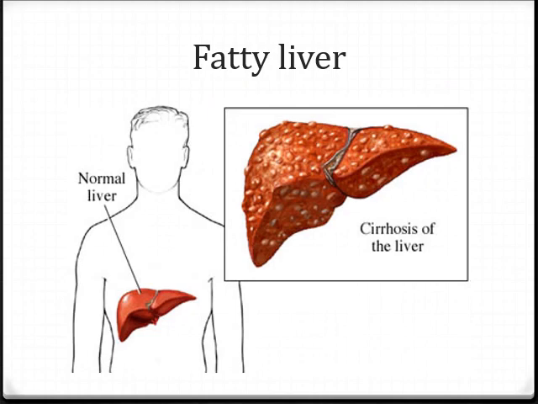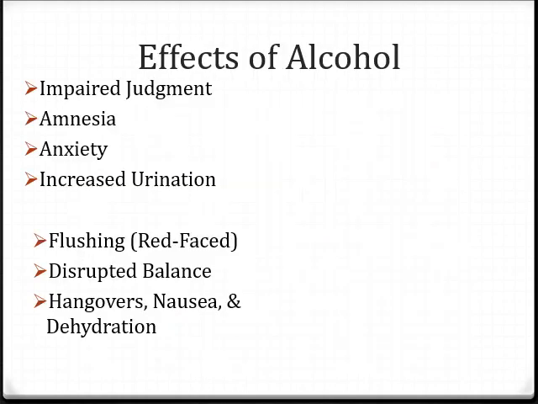This figure explains the fatty liver because of the high lipogenesis, promotion of lipogenesis, TG synthesis, etc., which promote the accumulation of fat in the liver. That condition is known as fatty liver. If fatty liver is not treated, or if it is prolonged, it can even lead to cirrhosis of the liver. Now, effects of alcohol. We might have seen alcoholic people around us.